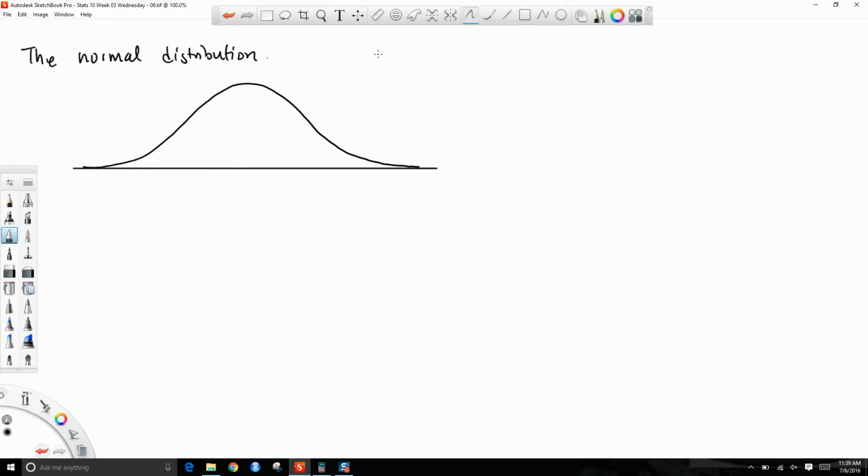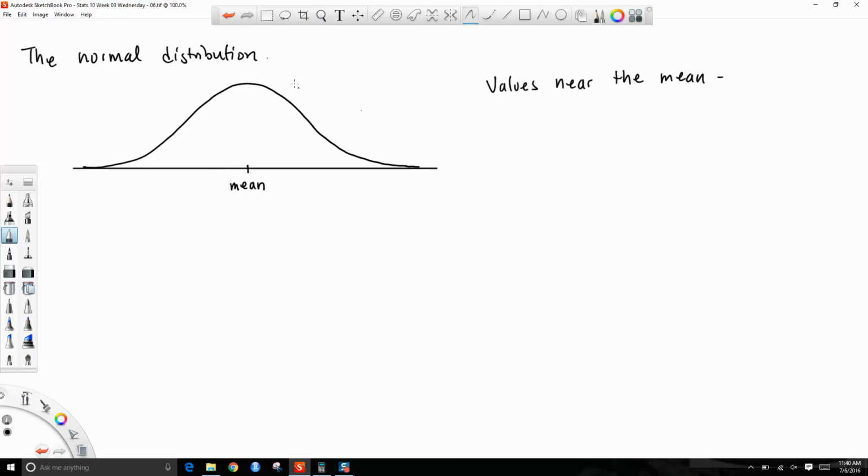Okay, and so what does this mean? If our probability density curve looks like this, we can call this part right here the center, and because it's the balancing point, we'll just call this the mean, okay?